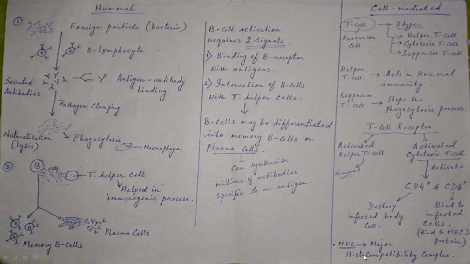Now this protein binds to those infected cells, and then further reaction takes place, and ultimately the disease establishment is stopped. So these are the two major types of specific immunity.